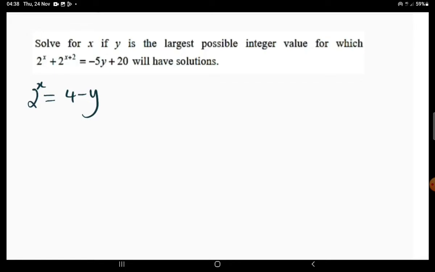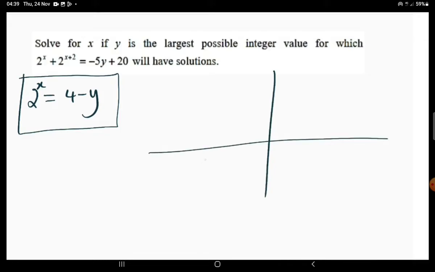So when they say solve for x if y is the largest possible integer value for which this will have a solution. But if you look at this one, this is an exponential function, right? The exponential function that is increasing. If you can view it graphically, you will understand that it is really going up this way.